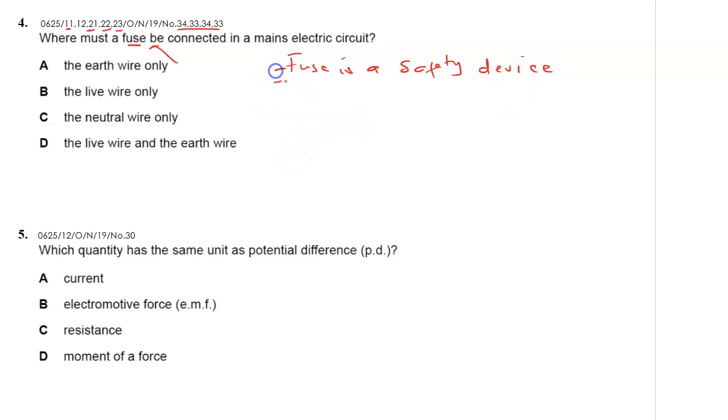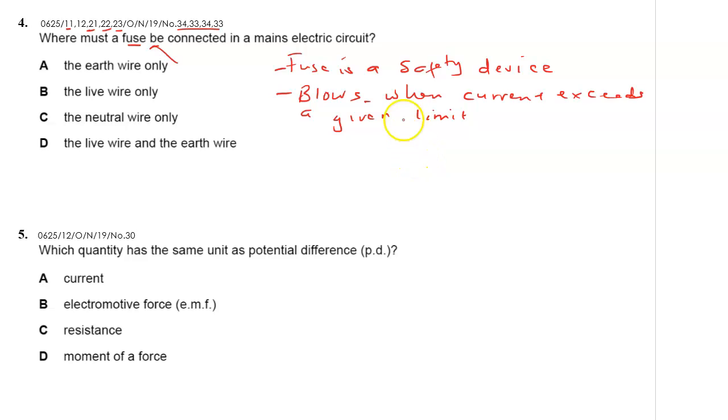And how does it do this? A fuse will blow when there's excessive electricity, when the current exceeds a given limit. The limit is usually written on the fuse, and this is going to safeguard your component.